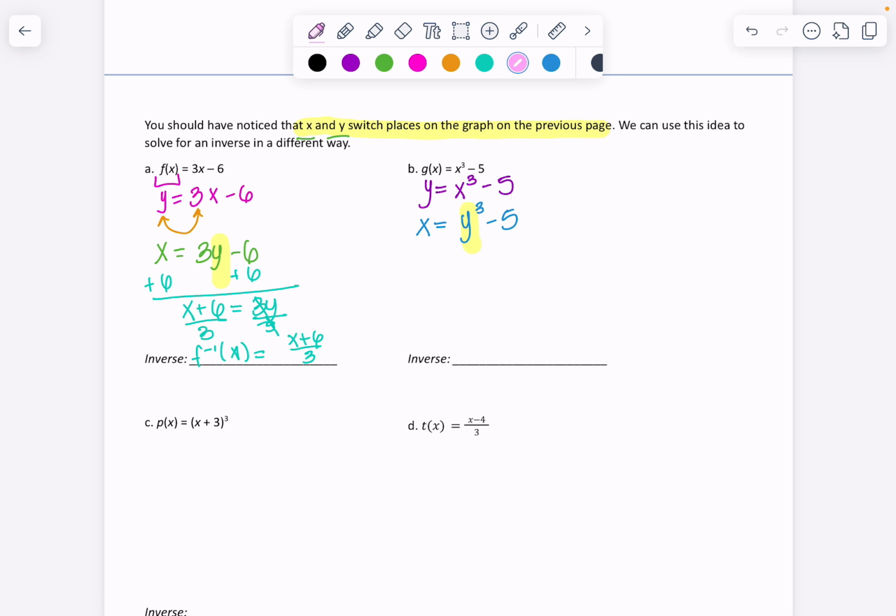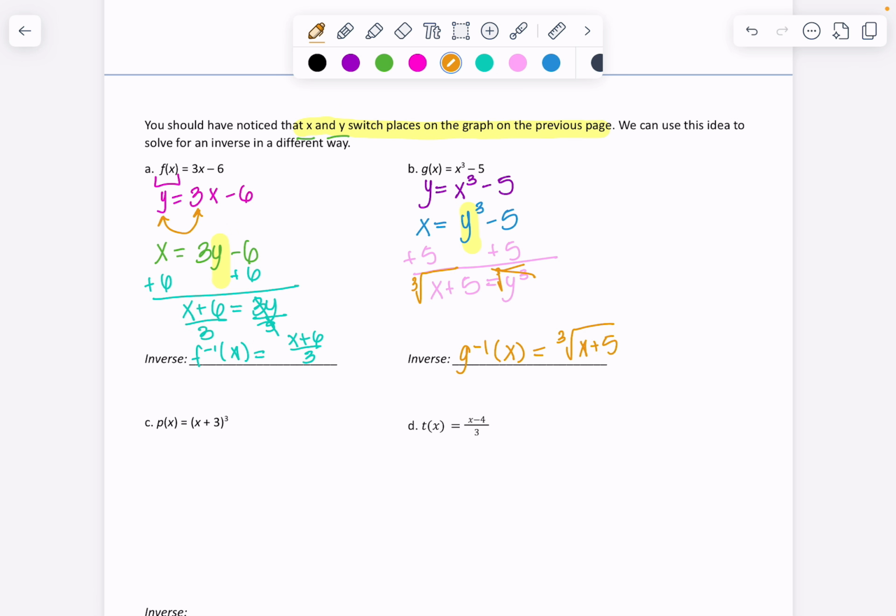So if we're trying to do that, we would need to add 5. So we have x plus 5 equals y cubed. And the opposite of cubing would be to cube root. And we get the exact same thing that we got on the last page. So cube root of x plus 5.